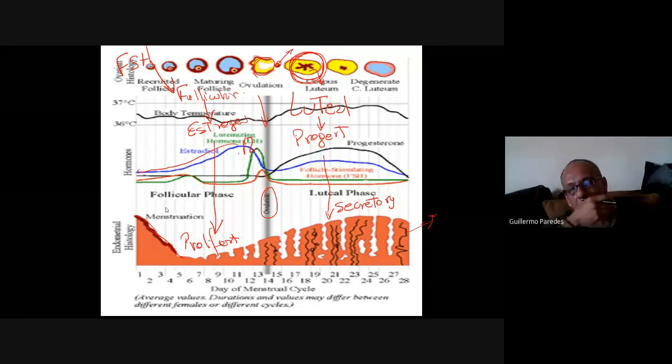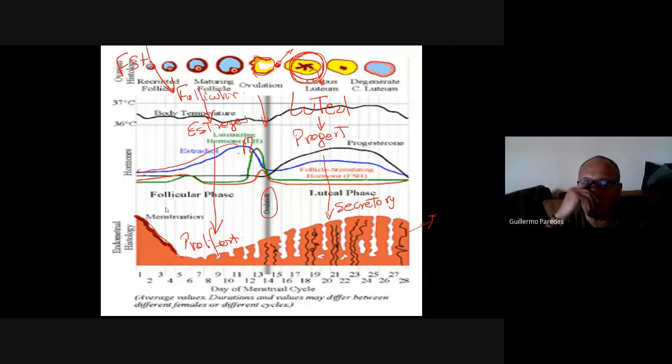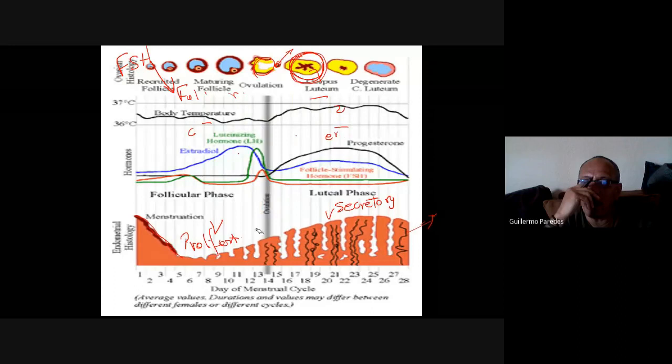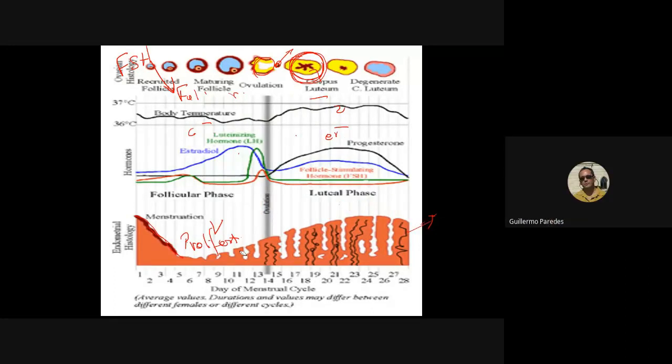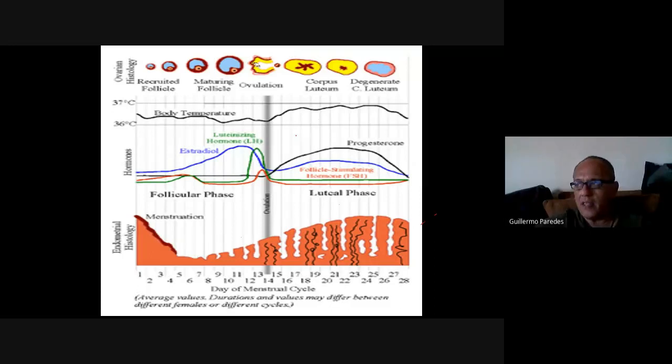Yes. Okay. So that's why I'm telling you, when somebody has OCP, oral contraceptive pills, basically those are estrogens. So you're taking pills every day for estrogens, and estrogens are going to increase the endometrium, proliferative.